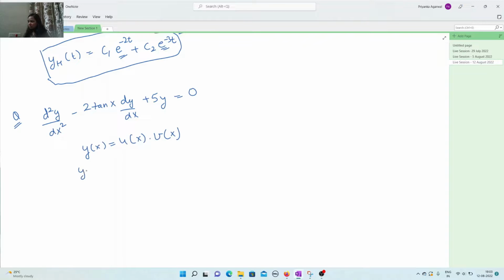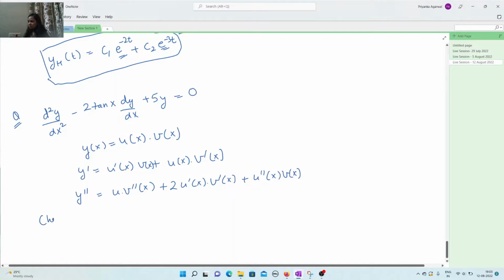So y dash can be written as u dash of x v plus u of x into v dash of x. And y double dash can be written as u into v double dash of x plus 2 into u dash of x into v dash of x plus u double dash v.